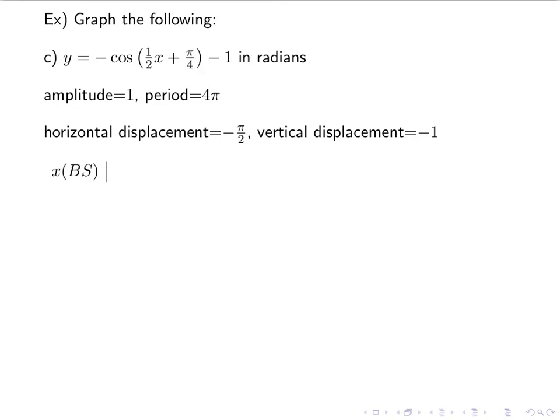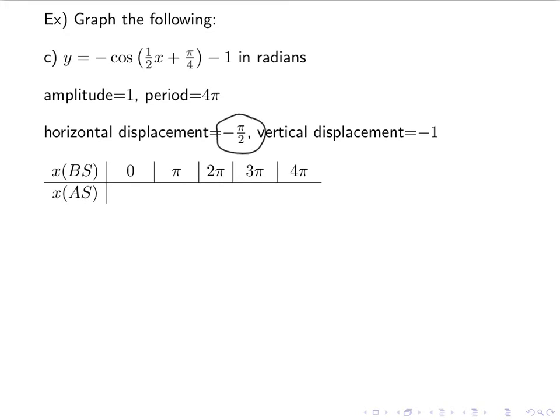So we've got our before-shift values, starting at 0, and then a quarter of our period. A quarter of 4 pi is just pi. So you have pi, then 2 pi, then 3 pi, and then 4 pi. Then we're going to take those numbers and subtract pi over 2 from each of them.